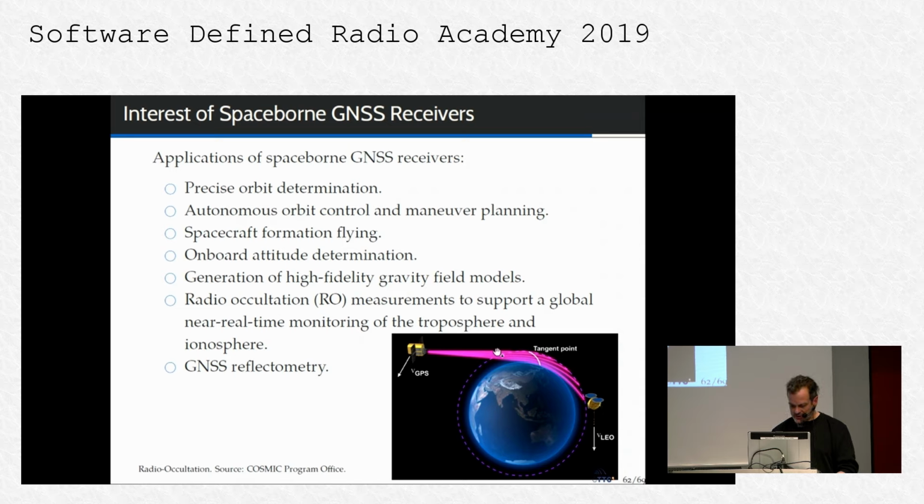This is called radio occultation. Or GNSS reflectometry, which is also a very interesting application.